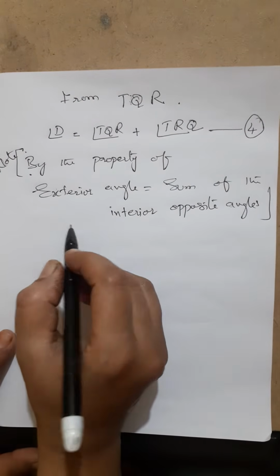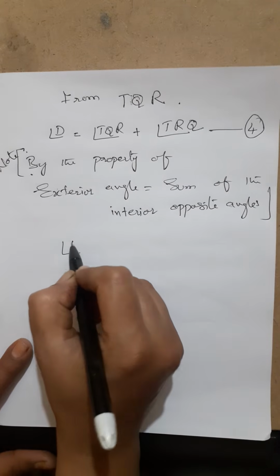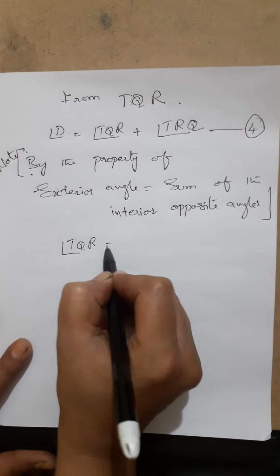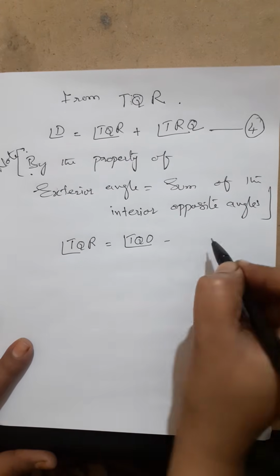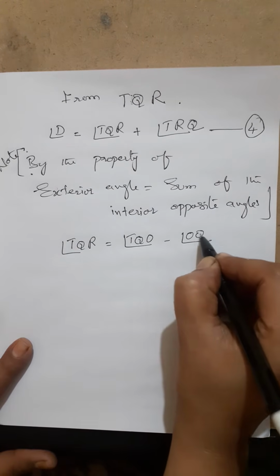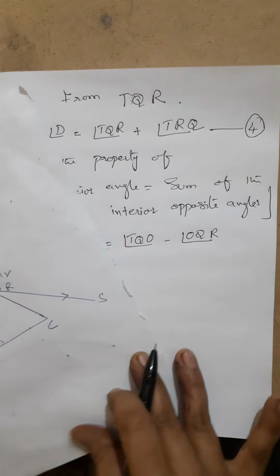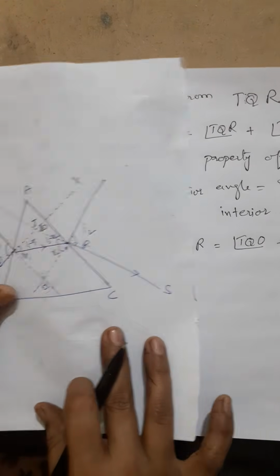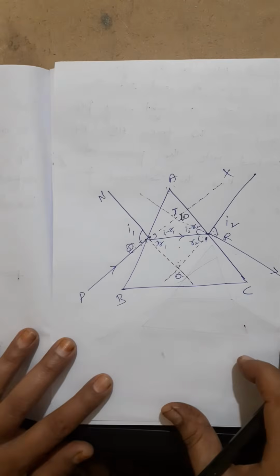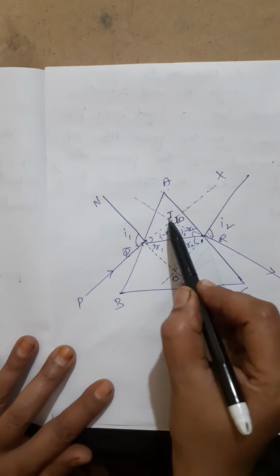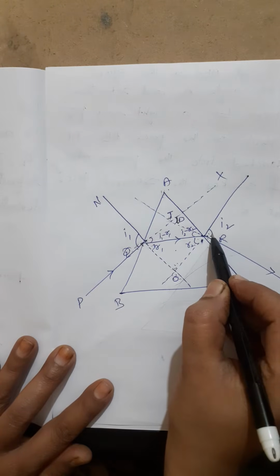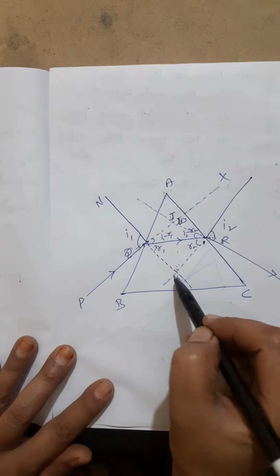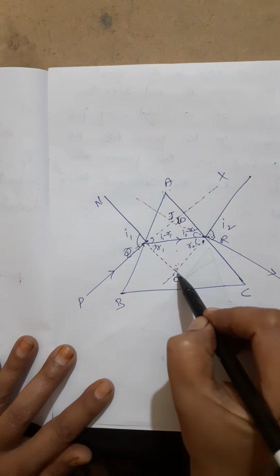Next, first of all we have to calculate the TQR value, which can be written as TQO minus OQR. So TQR is equal to TQO minus OQR.